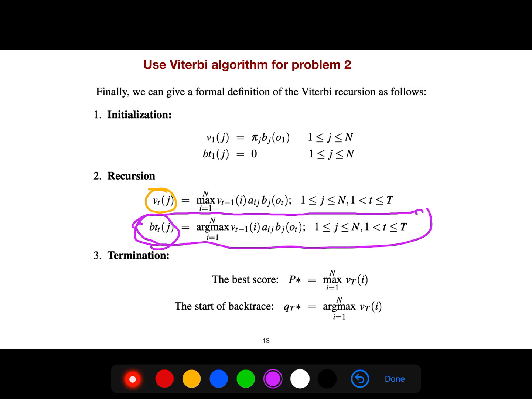So at each step, you also save it in your database and store it in your computer. This is backtracking. Just save what you have maximized, and also the start of the backtrace depends on V_t(i).